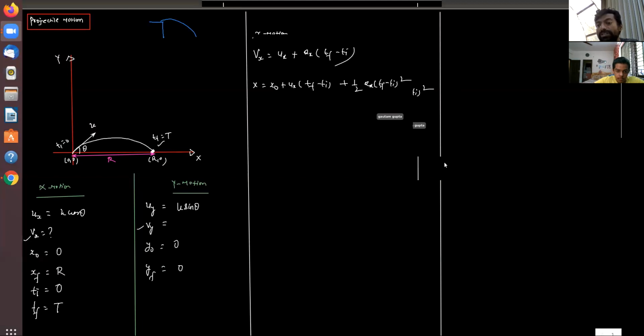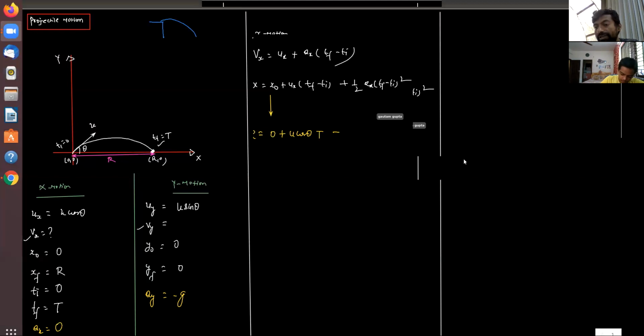If you put these things in the second formula, then you will get R is equal to x naught, which is 0, ux is u cos theta, time of flight, plus half ax T square. You have to write ax also. What is ax and what is ay? Ay is minus g, very good. And ax is 0.